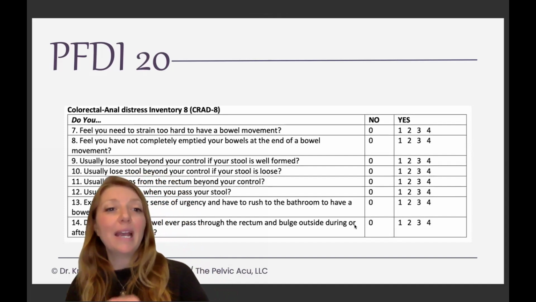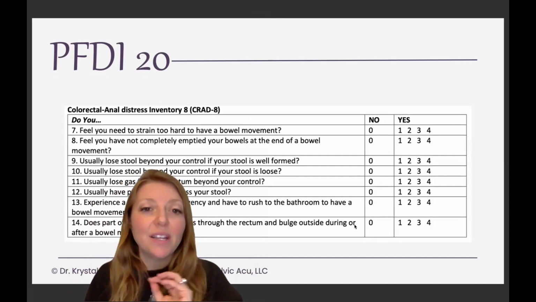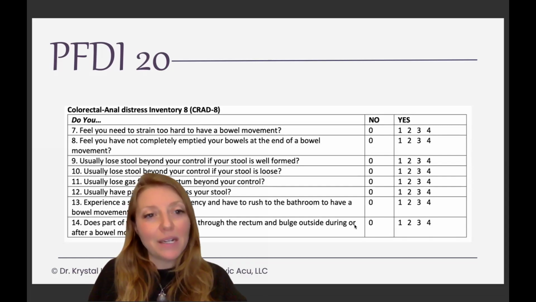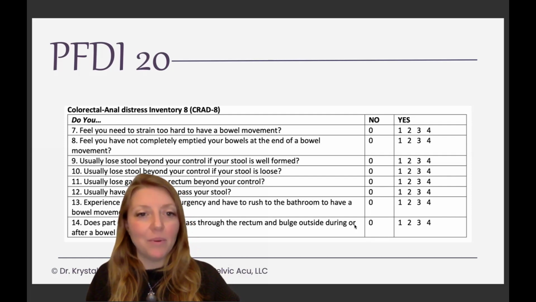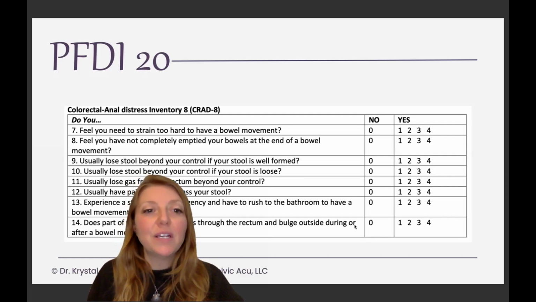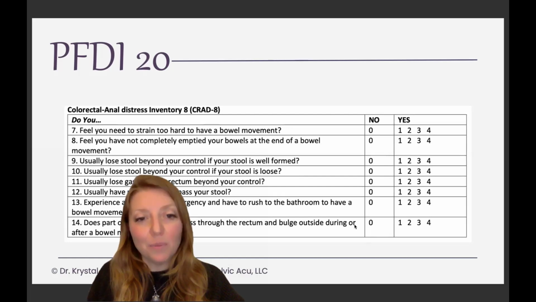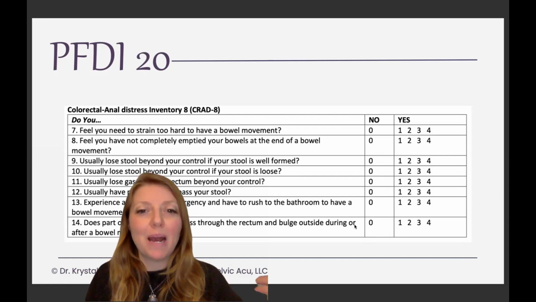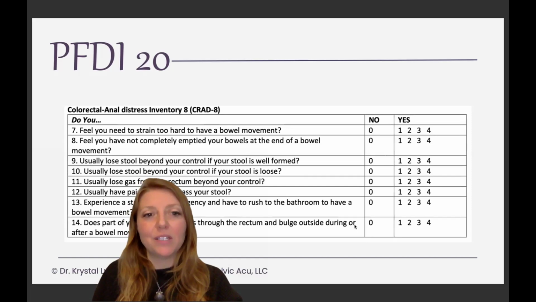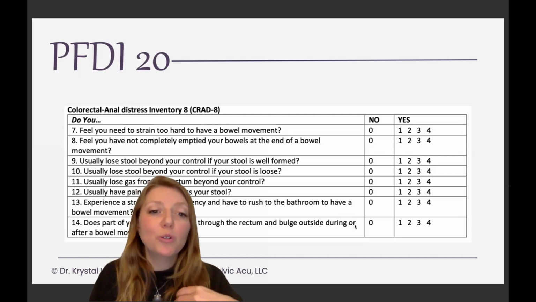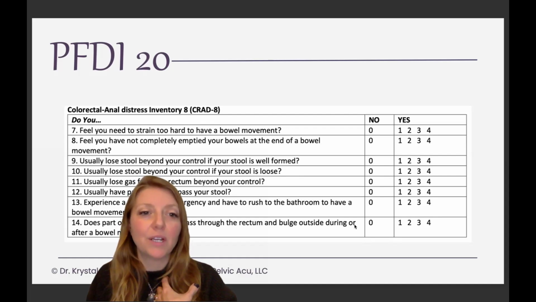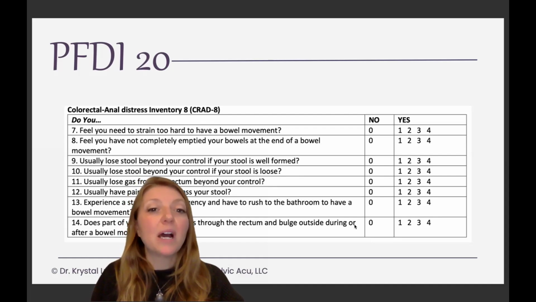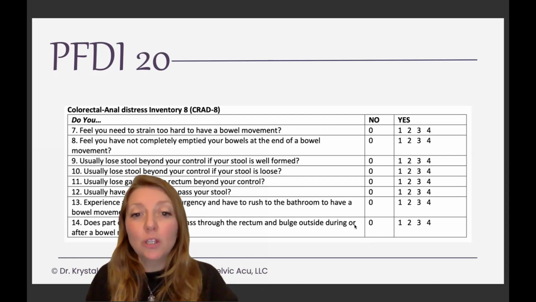The colorectal anal distress inventory is very similar in its questions. Do you feel the need to strain too hard to have a bowel movement? Do you feel you have not fully, completely emptied your bowels at the end of a bowel movement? Do you usually lose stool beyond your control if your stool is well formed? Do you usually lose stool beyond your control if your stool is loose?